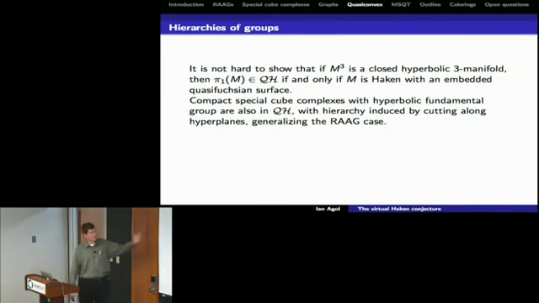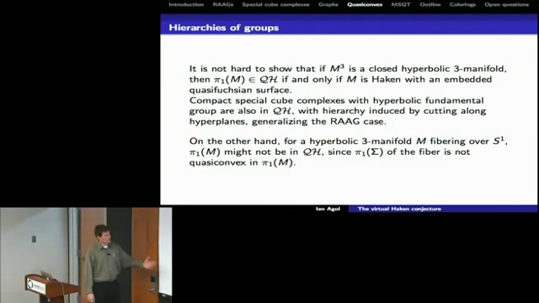So this is sort of generalizing the category of these hyperbolic manifolds. These are the class of manifolds that occurred in Thurston's hyperbolization theorem, a special case of the geometrization theorem that he proved.